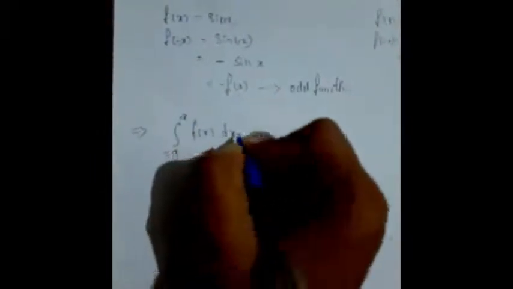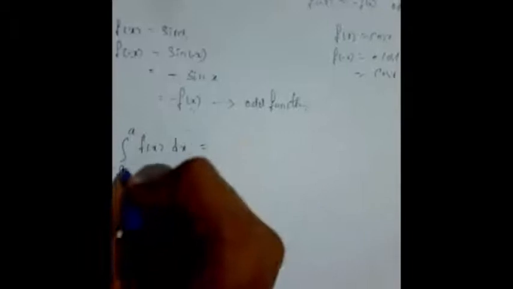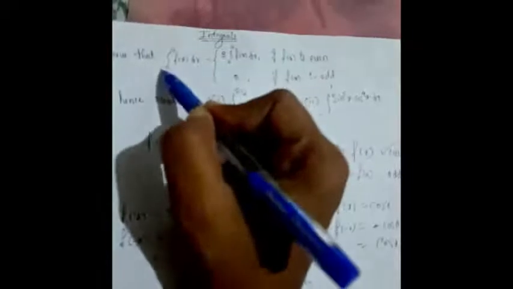Now let us prove this integral. First I will take the LHS, that is the integral from minus a to plus a of f of x with respect to dx. This is your I function. When we have to use such an integral, both sides have the same limit, but the sign will change.